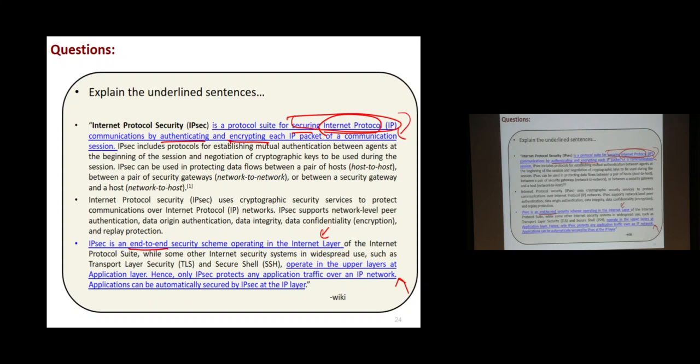So this describes the difference between TLS, SSH and IPsec. Why is IPsec different? They say TLS and SSH operate in the upper layer, at the application layer. So IPsec protects application traffic over the IP layer, and applications can be protected automatically by IPsec.